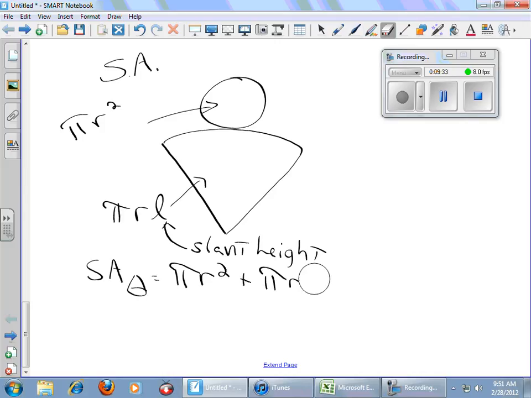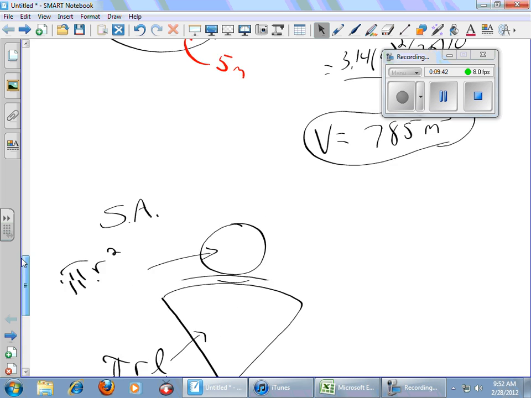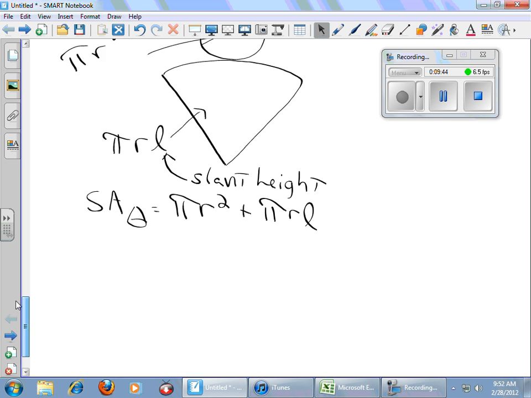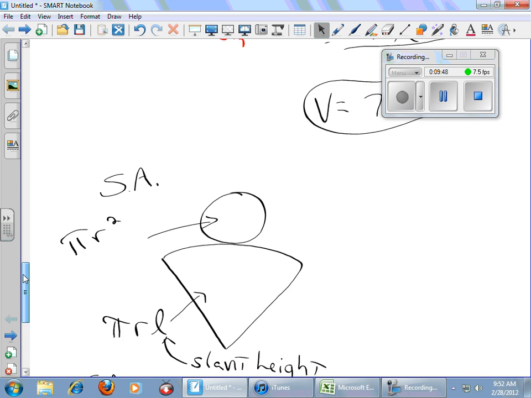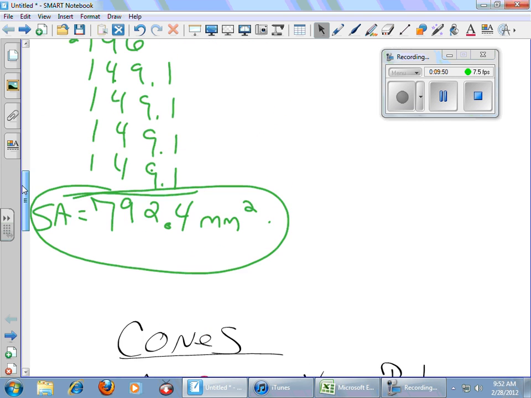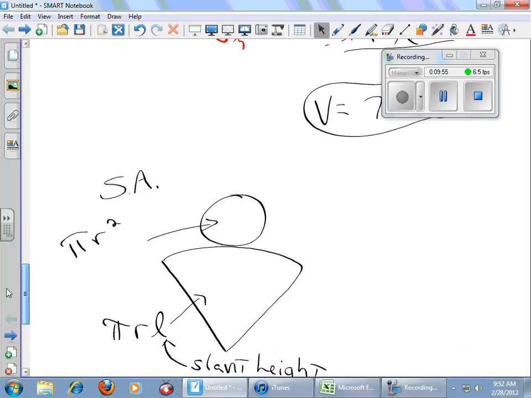Oops, excuse me. Okay, so I believe my radius was, did I give you a radius? No, I didn't even give you a cone, did I? So let's do this cone. Oh yeah, I did. It's back up there. Excuse me. All right, so where's my cone? Cone, there you are. My radius is 5 meters.